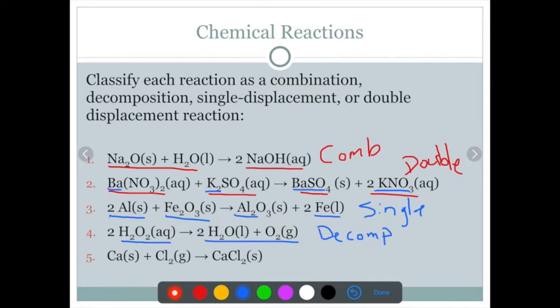And last of all, two reactants going to one product, another combination reaction. So again, all you need to do with these is recognize what type of reaction it is based on the chemical equation. Double displacement we'll do a whole lot more, but for now, just recognizing what type of reaction it is from the chemical equation.